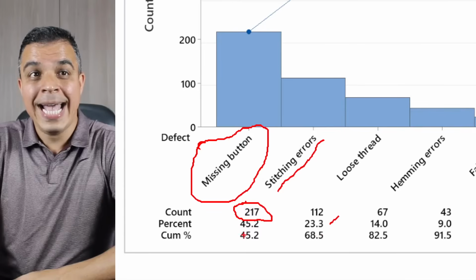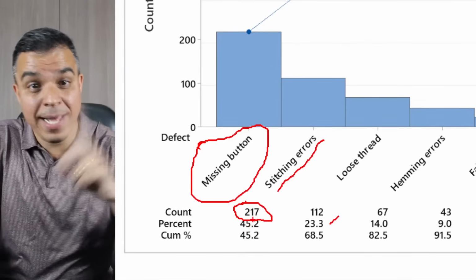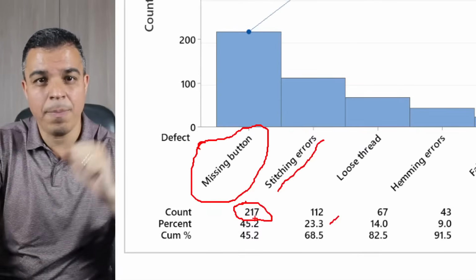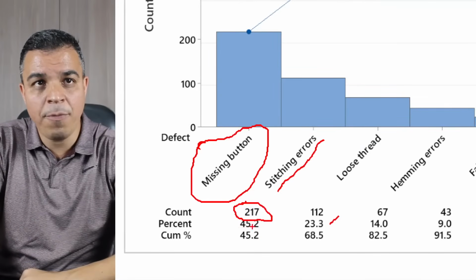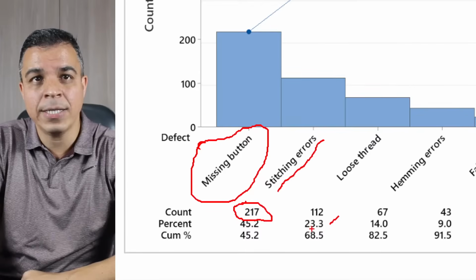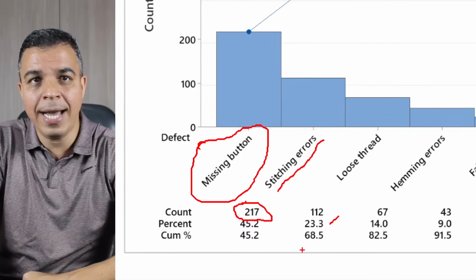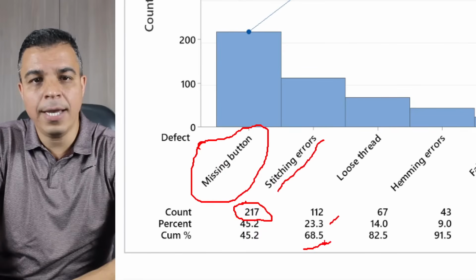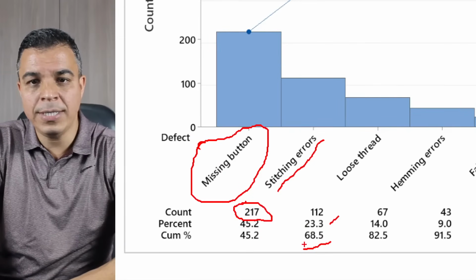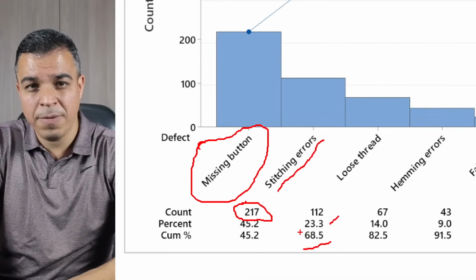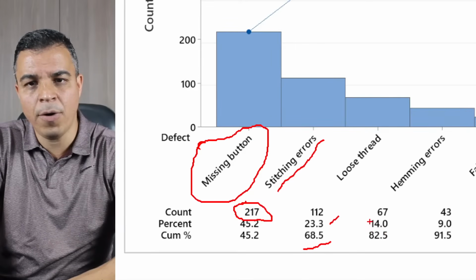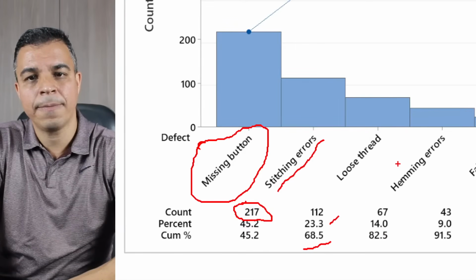Yeah. And if I sum 45.2 plus 23.3, I get 68.5. So this is the cumulative percentage. Yeah, the same here for loose thread.